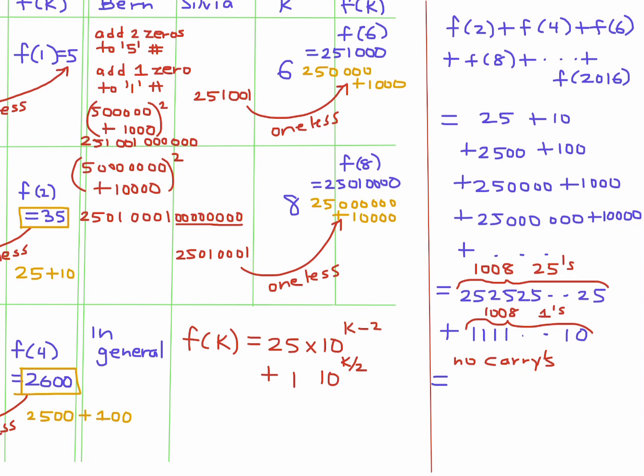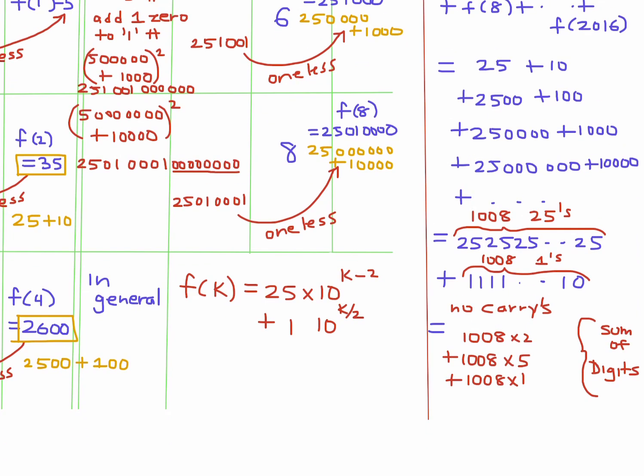Okay, there shouldn't be a problem to add up the sum of those digits. So we've got 1008 of those 2s. This is now the sum of the digits. So sum of digits is 1008 times those 2s, plus 1008 times those 5s, plus 1008 times those 1s.